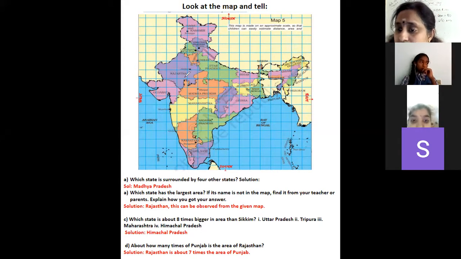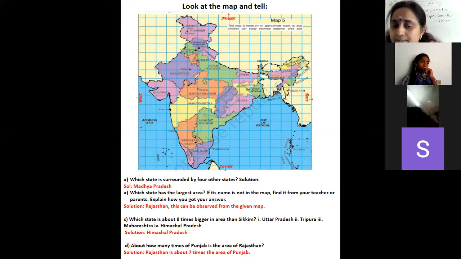Rajasthan is 7 centimeters on the map. So it is 7 times bigger. You have to find the area of states like that, by counting squares on the map.